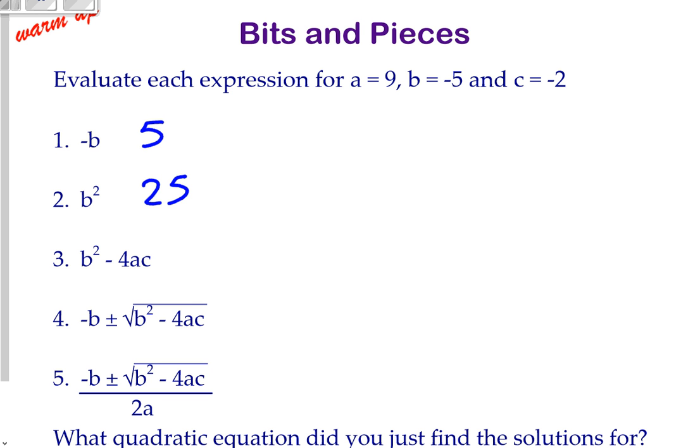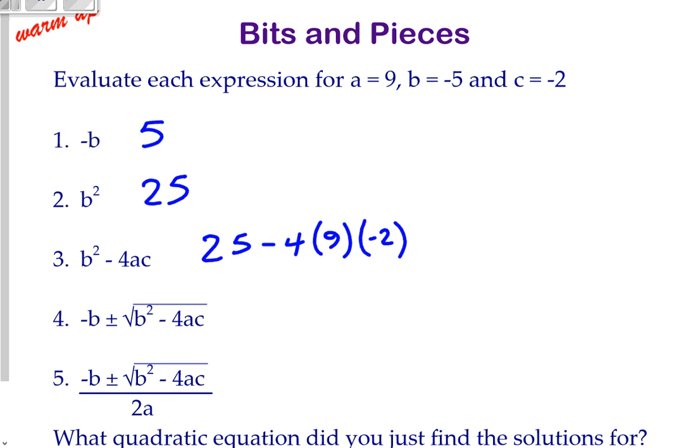So now let's do the part under the square root. b squared minus 4ac. So we know that's going to be 25 minus 4 times 9 times c, which is -2. So what happens when I have a subtraction with a product that's negative? Well, the negative and the negative will turn positive.